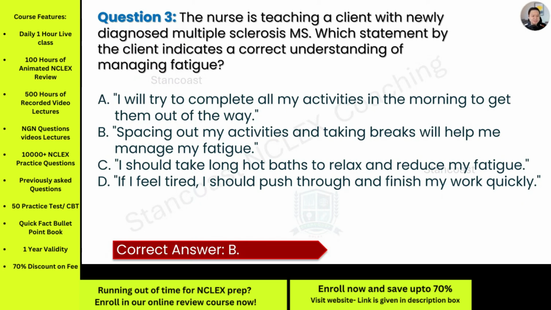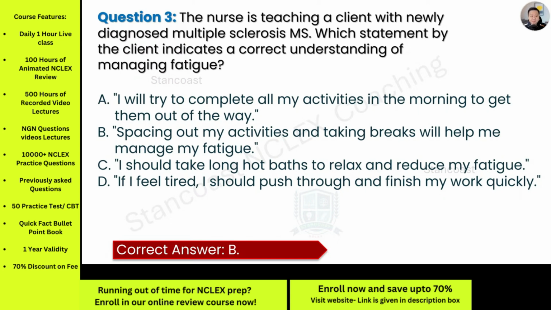And for letter C, they're not supposed to take long hot baths because this can exacerbate their MS symptoms, particularly heat intolerance. They have that reduced ability to regulate their body temperature, and also hot environments can trigger their symptoms such as increasing fatigue, muscle weakness, and also their vision problems.